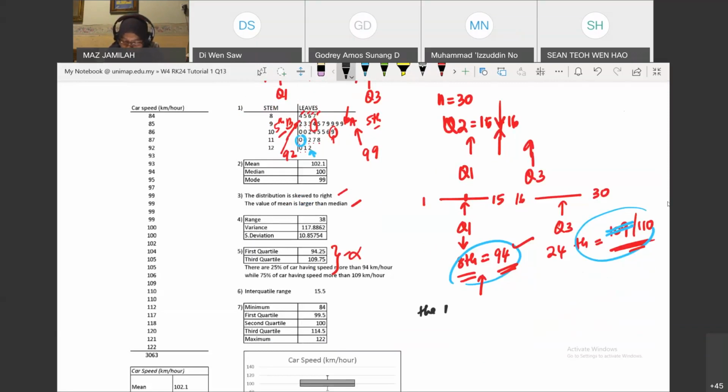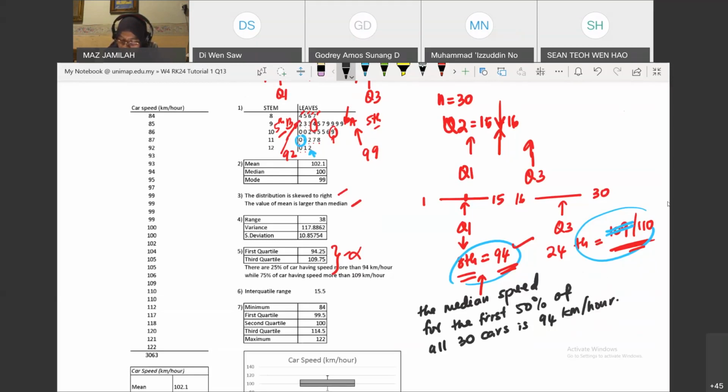The median speed for the first 50% of all 30 cars is 94 kilometers per hour.